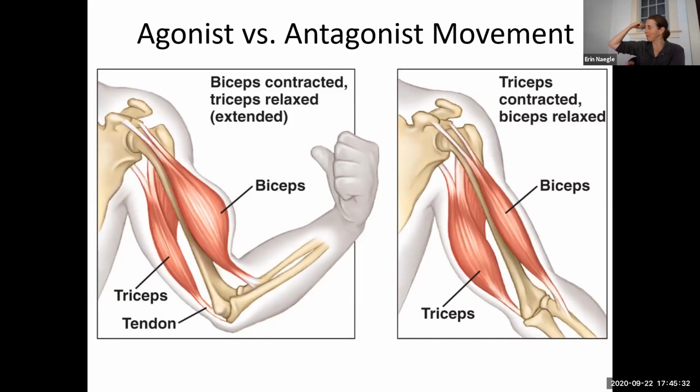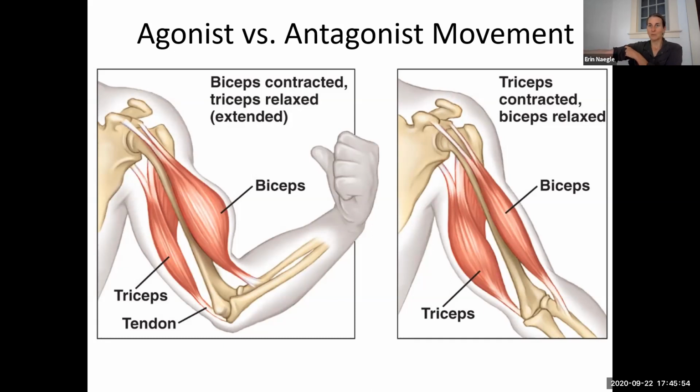Now, how do I extend my elbow? Oh yes, I use my triceps. So now I'm going to contract my triceps. So now my triceps is contracting and getting shorter. And what's happening to my biceps? You are correct. It is lengthening. I'm relaxing my bicep.